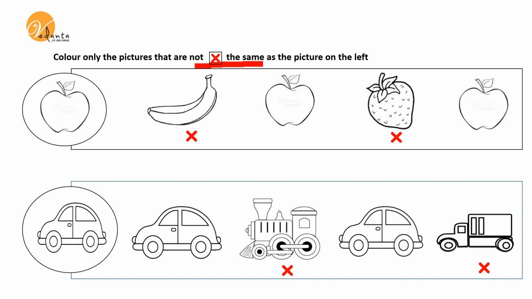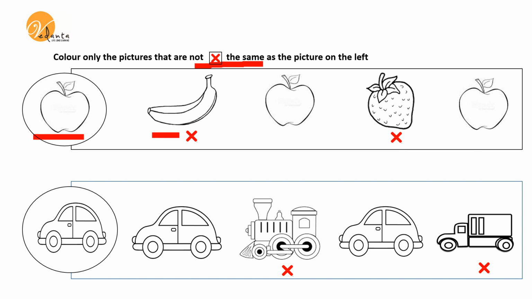So, I'm going to color the pictures that are different from the one given on the left. Let me show you. What picture is this? Apple. So, I'm going to color the other pictures than apple. I'm going to color the different ones.